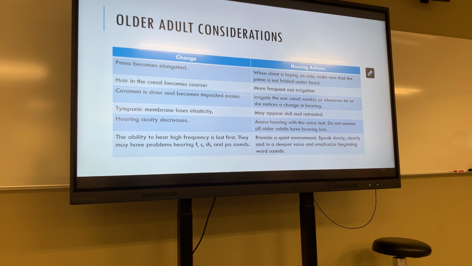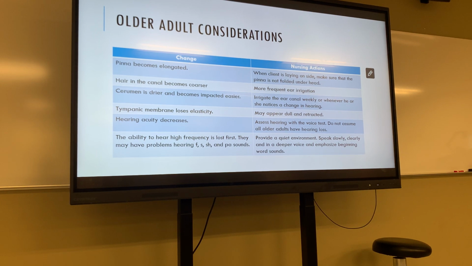Hair in the canal becomes coarser, so they may need frequent ear irrigation. Cerumen is what? Earwax. Yeah, it becomes drier and can become impacted. And so ear irrigation, once again, may be needed because that can cause changes in their hearing. Tympanic membrane loses elasticity, hearing acuity decreases.